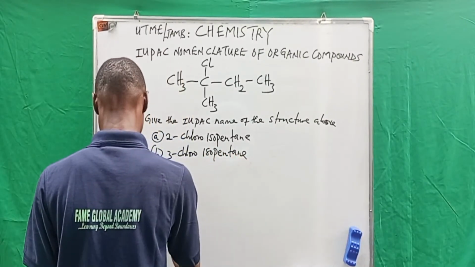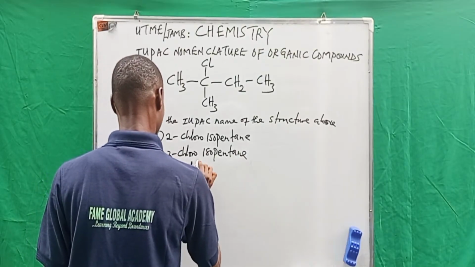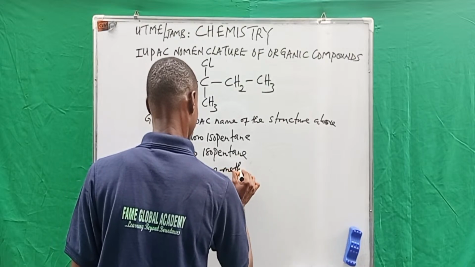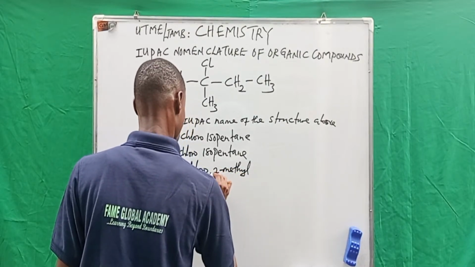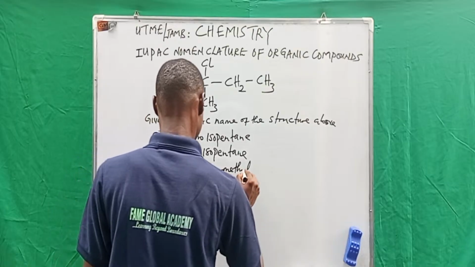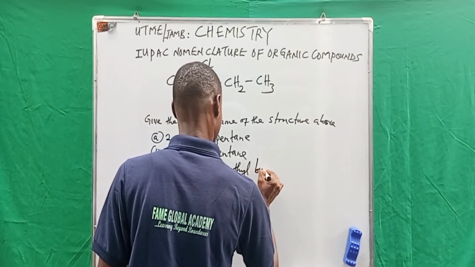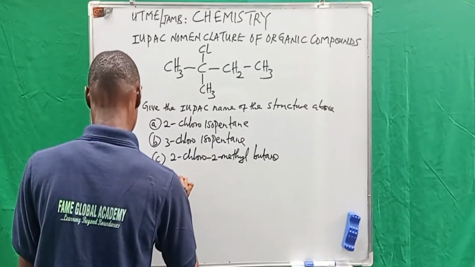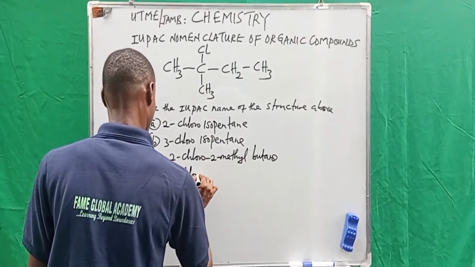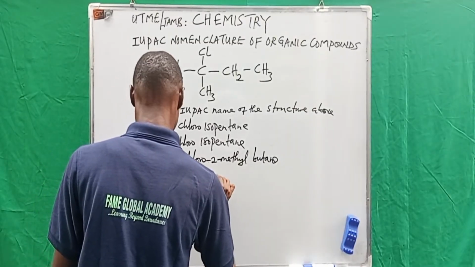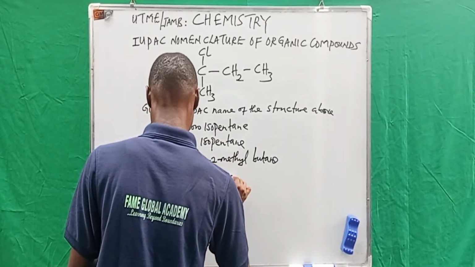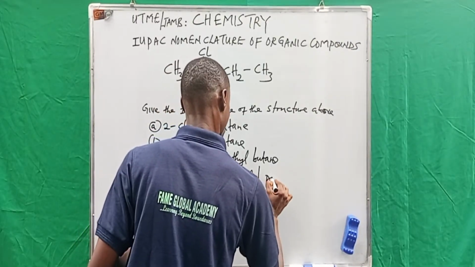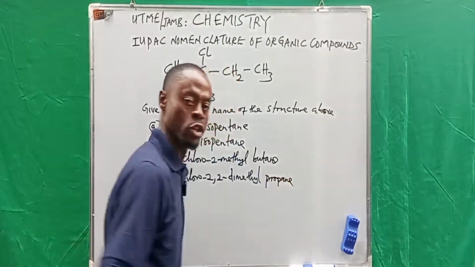Then we have C, 2-chloro, 2-methyl butane. Then we have D, 1-chloro, 2,2-dimethyl propane.